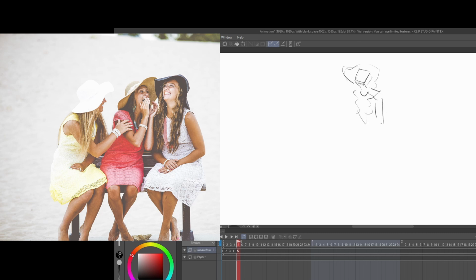This is the reference. Most of the time it's really hard to find the line of action in sitting poses, but with some practice you will be able to find it. I think I didn't draw any line of action in these poses.